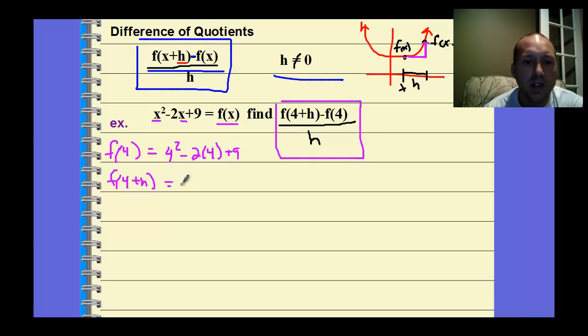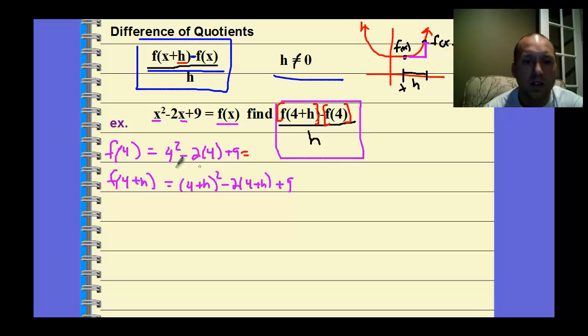F of 4 plus h, I need to plug 4 plus h into the function, and I'm going to get this polynomial. And so we can simplify both of these. But what we're doing with these is we're going to put them into this formula and have the difference of these two. So we're going to be subtracting these two, and be very careful with your parentheses or grouping.